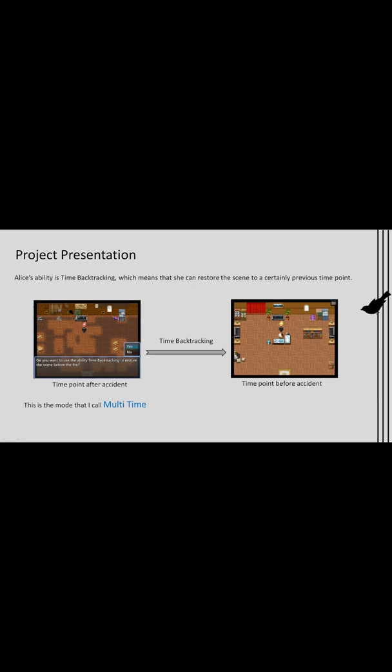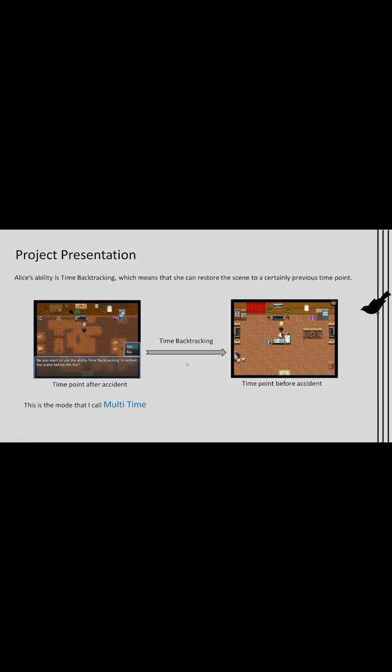And Alice's ability is time backtracking, which is the mode that I call multi-time. This means that she can restore the scenes to a certain previous time point. We can see these two pictures.